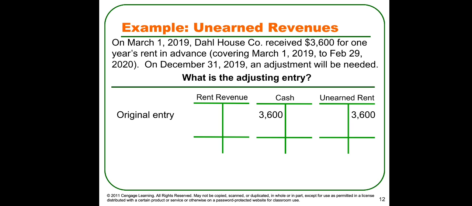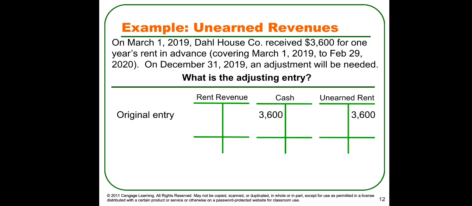But when the business closes its account on the 31st of December 2019, how much of this liability has become revenue? To calculate how much has become revenue, you have to calculate how many months have passed, how many months the other party has used the building or space owned by this business.